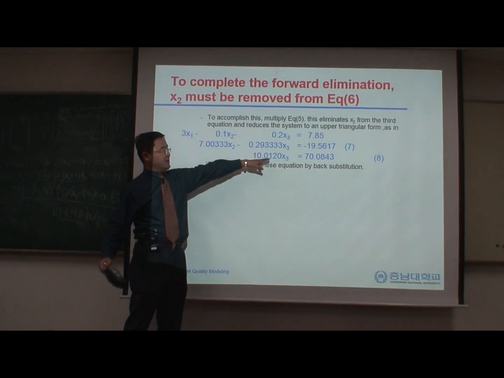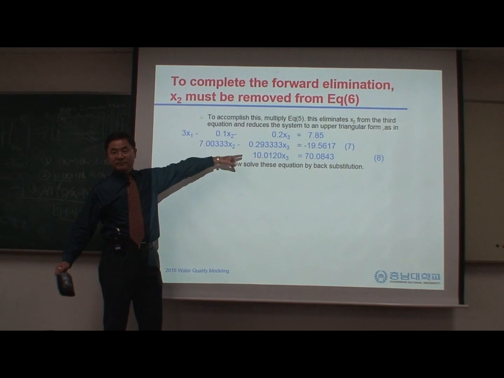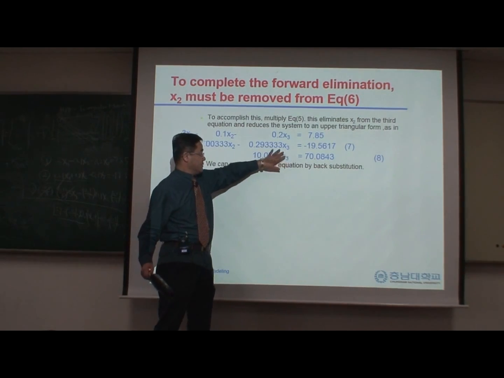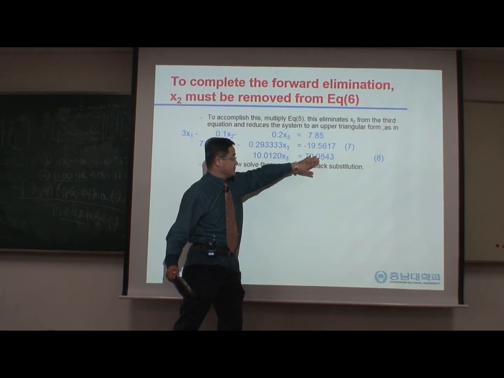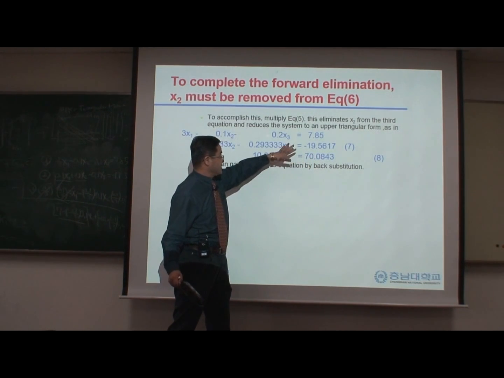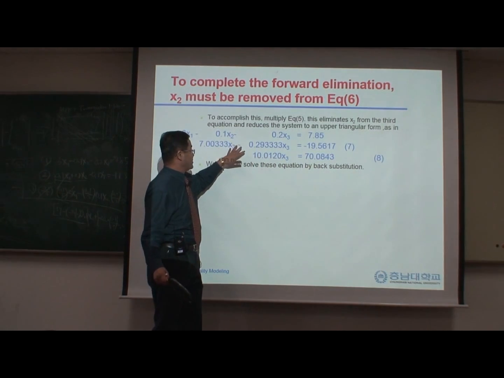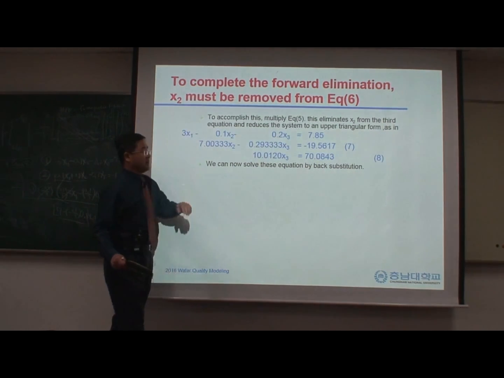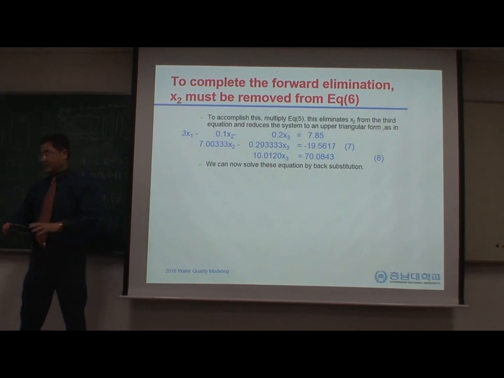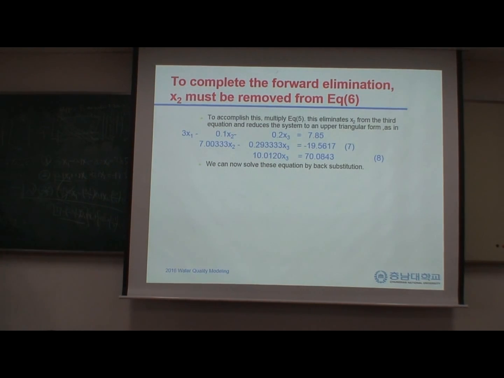And once we have this one, it's going to be just a matter of calculating x3, and then if you have x3, you can substitute my x3 to there to get x2. Once you know x2 and x3, you can calculate x1. That's the backward substitution that we have talked about.